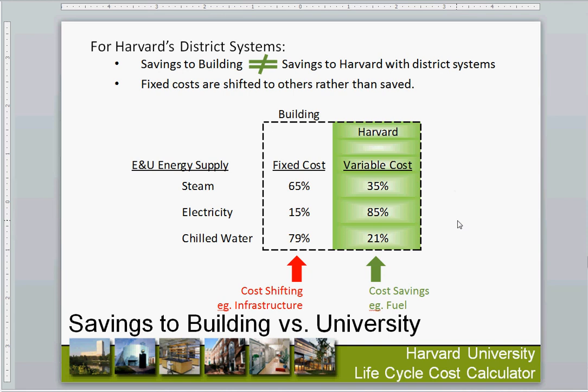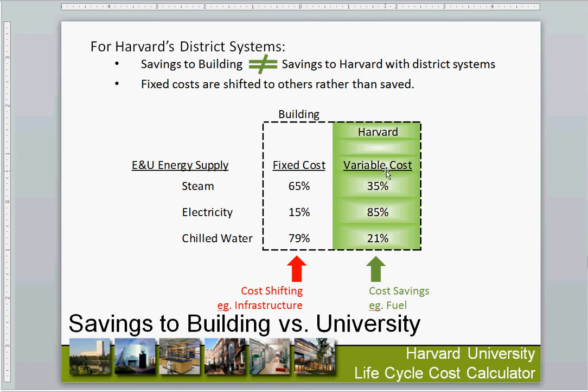If we have 1,000 units of energy that we expect to sell, we divide those costs together and create a per unit rate that includes both of these costs. A little complex, I understand, but suffice to say, Harvard is not saving. We're going to shift these costs. If everyone stopped using so much energy, we would still have to pay for this fixed cost.